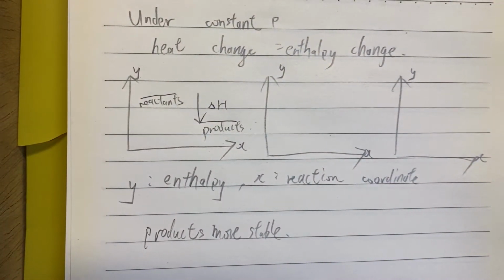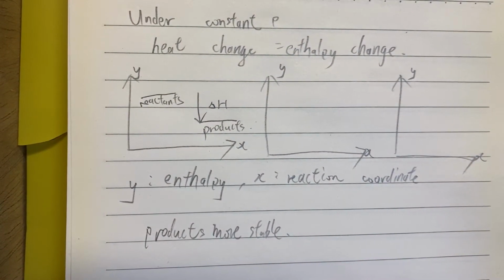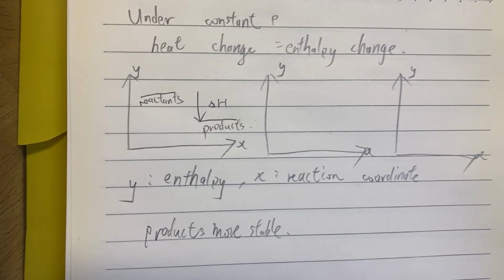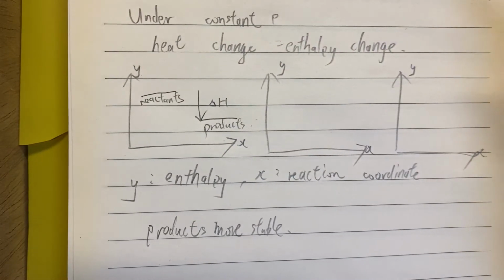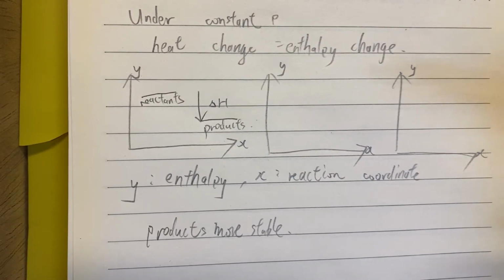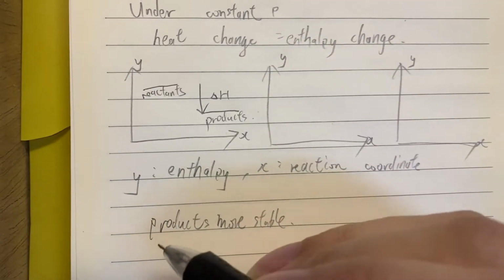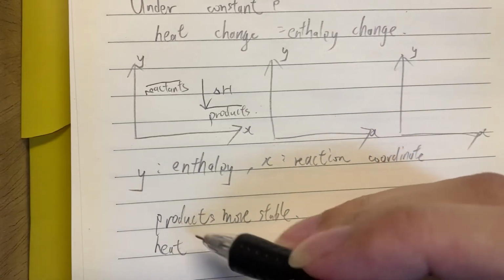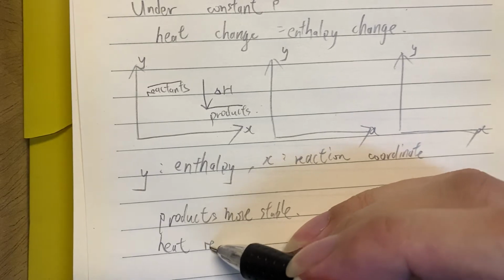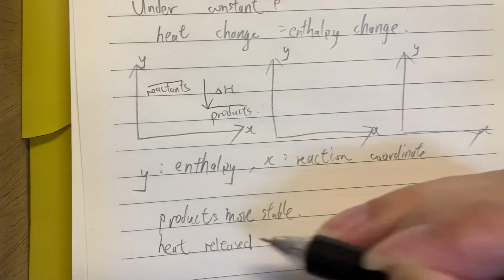And according to the conservation of energy, energy can neither be created nor destroyed. Then where will this difference in enthalpy, this difference in energy, go to? It will go to the surroundings, and in this case, heat is the form, and heat will be released to the surroundings.